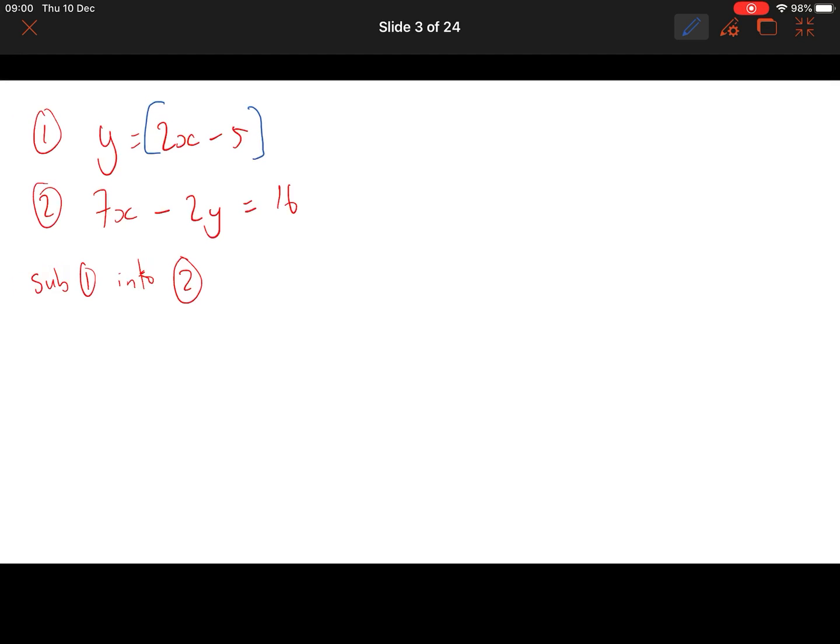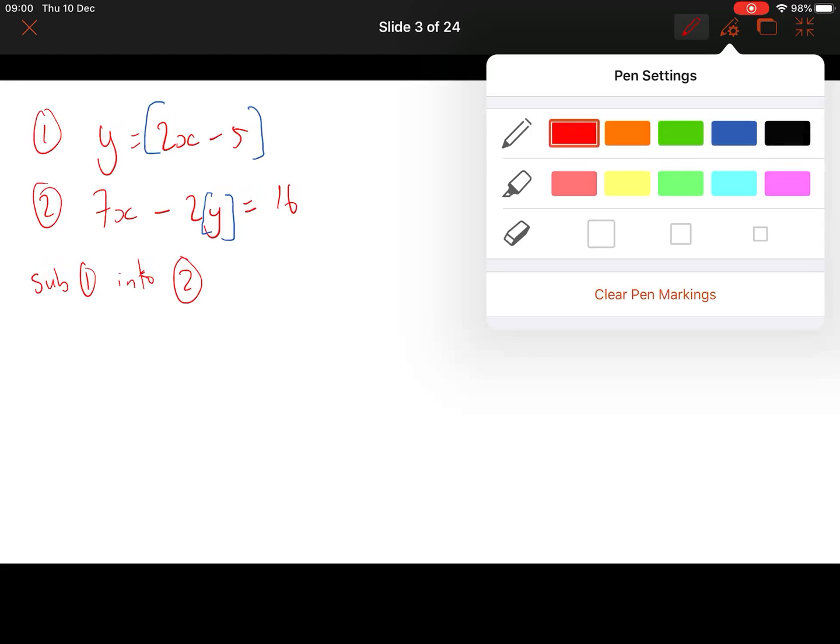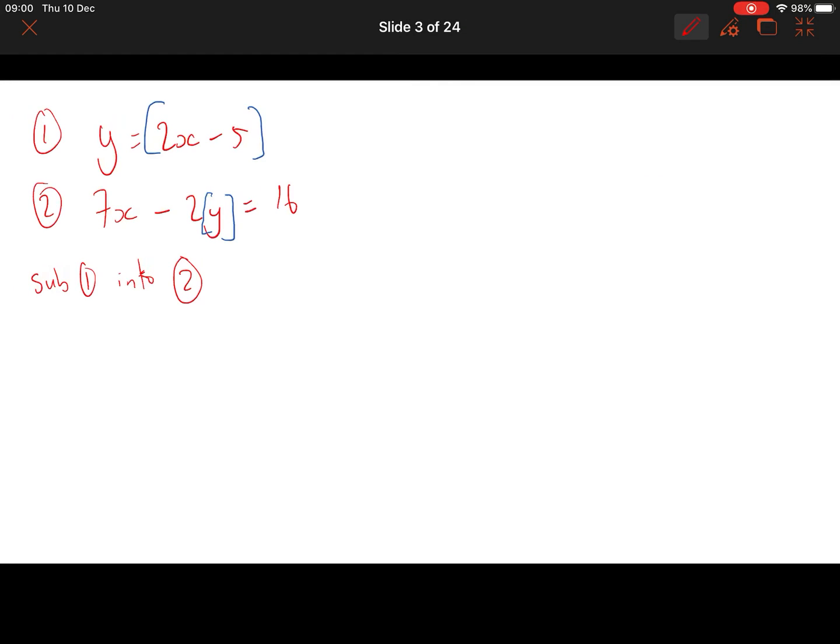I know that y is 2x minus 5, so I'm going to swap this y for 2x minus 5. It's very important that you use a bracket. So we're going to rewrite equation 2 as 7x minus 2 lots of 2x minus 5 equals 16.